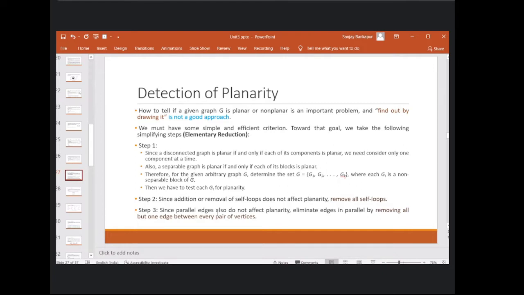Because a series of reductions happened, parallel and series edge reductions. So the given subgraph can be altered to become homeomorphic to K5 or K3,3. If that happens, then definitely we can say it is non-planar. These are the things we understood about the process of finding whether a graph is planar or not.